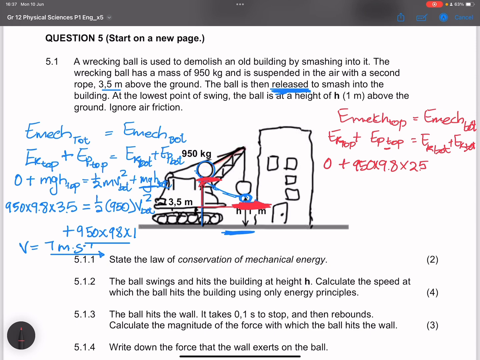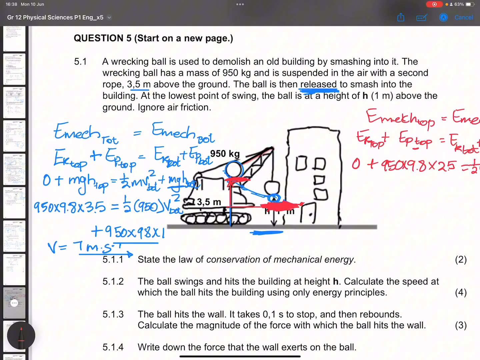Now note, when I take that as my reference point, it means there's no potential energy at the bottom, because I've taken my reference from that point of 1 meter. So this would be half 950 times v squared. Apologies about the space there.